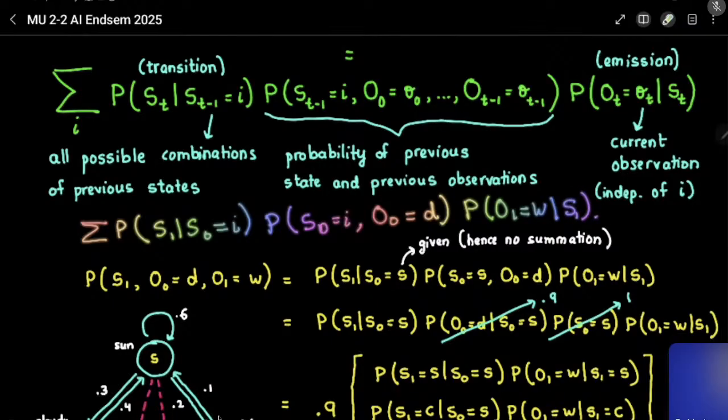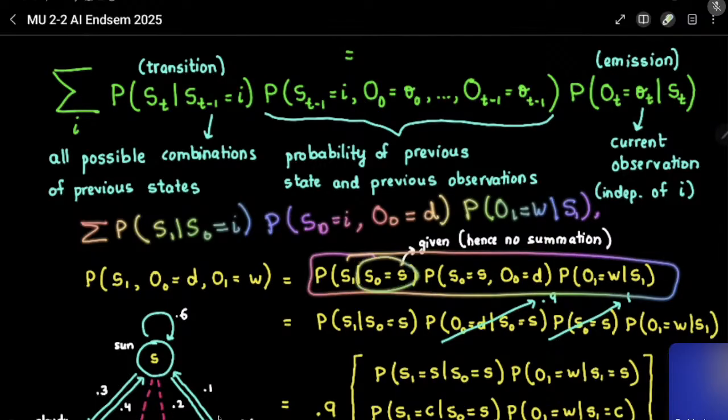But then if you realize probability of S0 equal to S is 1, and probability of S0 equal to C, or probability of S0 equal to R is 0. So the summation will finally just be this one. You'll only have S0 equal to S, all the other values will be 0.